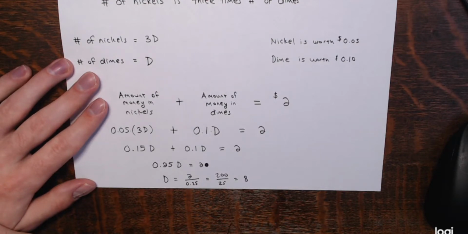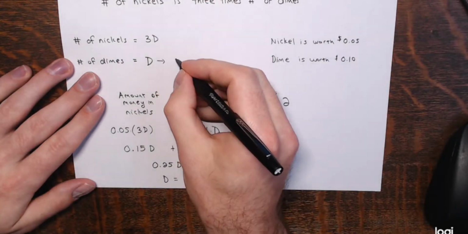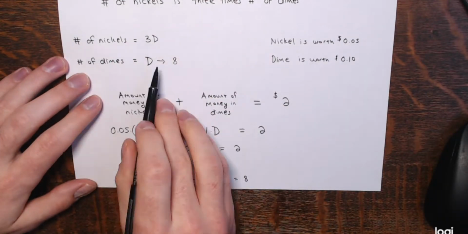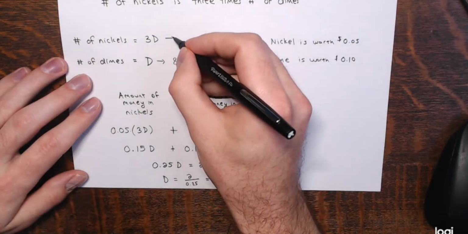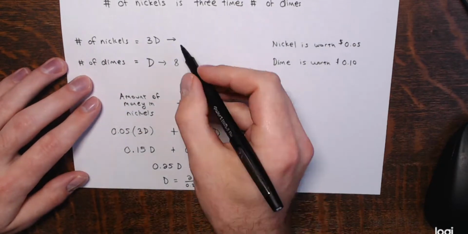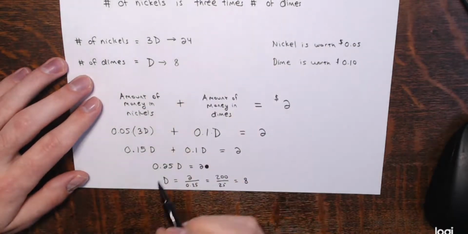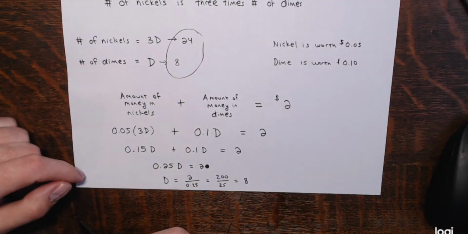So D equals 8. Remember what D represents, that's the number of dimes John has. Meaning that the number of nickels, remember, is 3 times D, or 3 times 8, that'd be 24 nickels. And there's your answer, that's what they want. There are 24 nickels and 8 dimes.